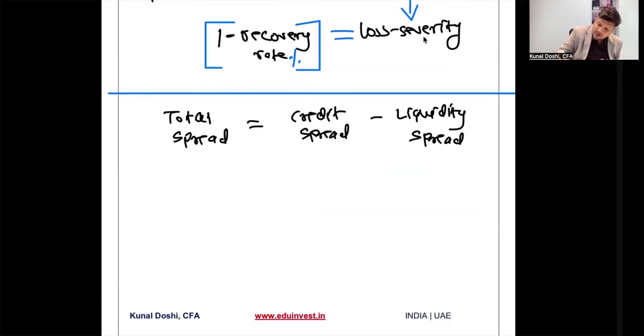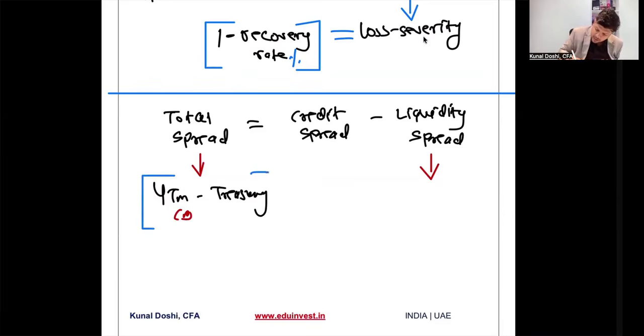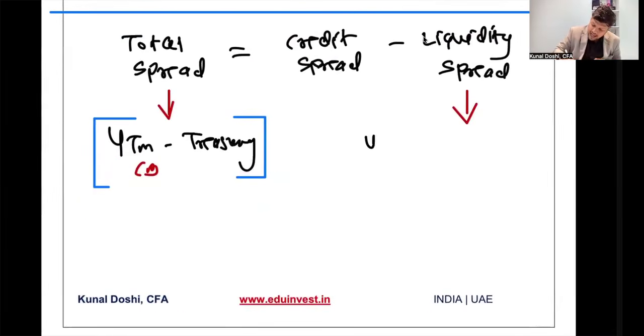Total spread is the difference between the bond's YTM and the government bond YTM. So we take the YTM of our corporate or risky bond minus the treasury. That spread will be provided to you, everyone. Liquidity spread is when you calculate YTM twice.